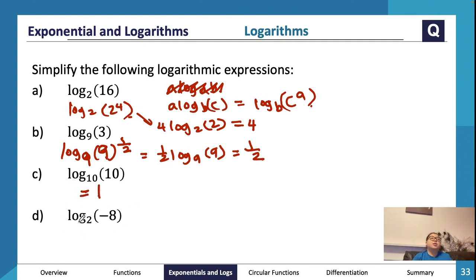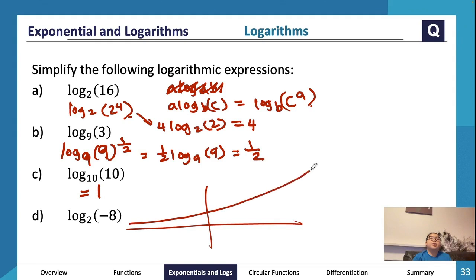And then if we look at this, log base 2 of negative 8, we think to ourselves, how does that work? What power do I need to raise 2 to get to negative 8? If we consider the exponential form of it, we can see that it's never going to get to negative 8, because it never gets to a negative number.